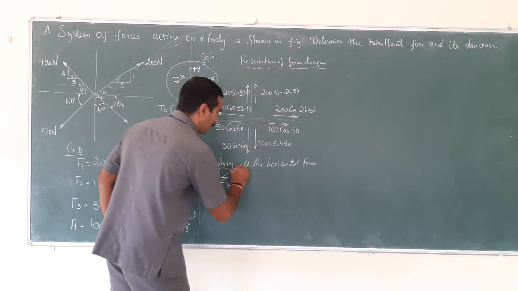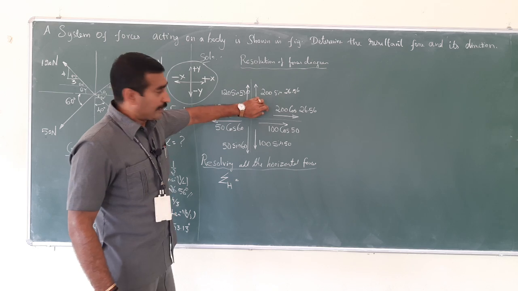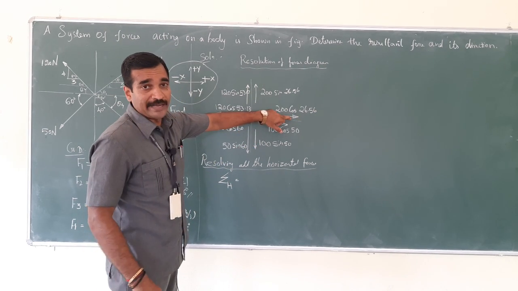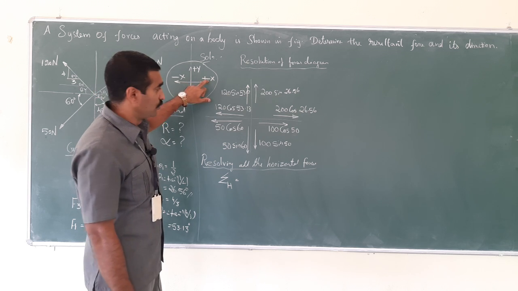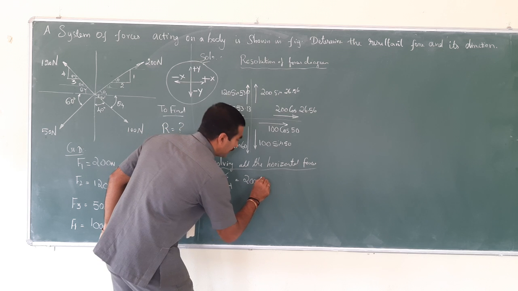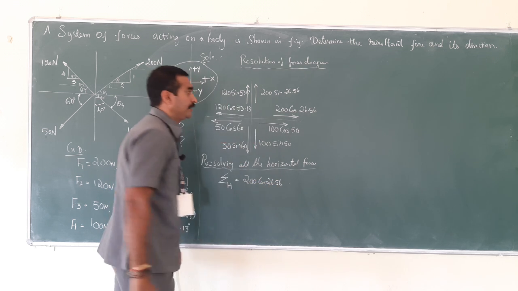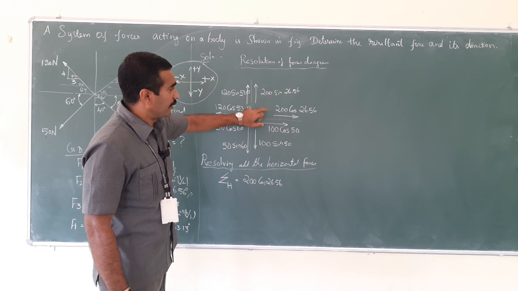Algebraic sum of horizontal forces is equal to the first quadrant. Look at here, the arrow is towards the positive direction, the arrow denotes the positive value. So the same thing can be written here, 200 cos 26.56, right? There is no force in the first quadrant other than this.